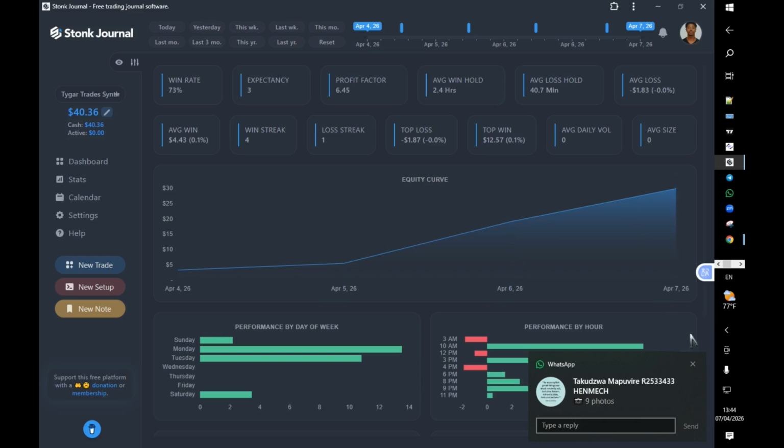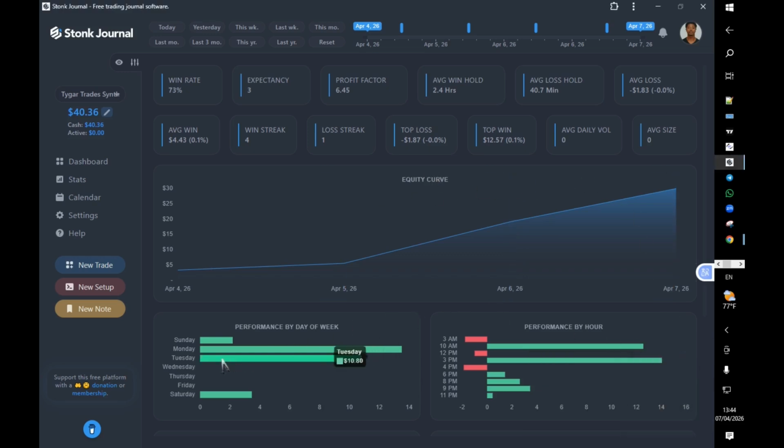So this is it. You can see the performance of the week. There is not yet a red day because this is still a new account, and I'm checking the setups that have way higher probability, A setups, since it is a small account and we're trying to build it to a more decent amount of capital, alright.